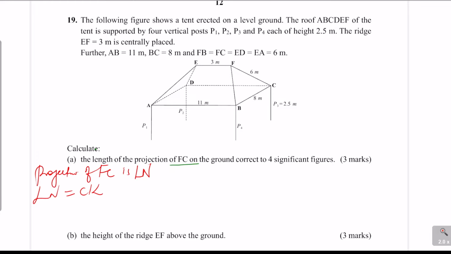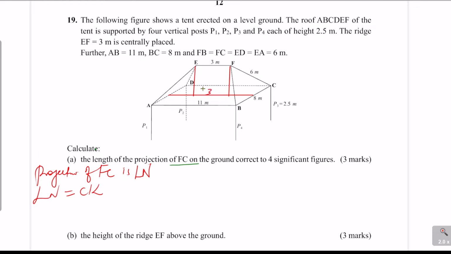So we need to get that length, and for us to get that one, there's some length that you need to get here. If I draw a line at the center there, and then I draw another one here and another one here, there's something that I want you to see.